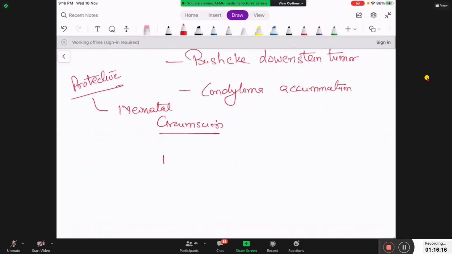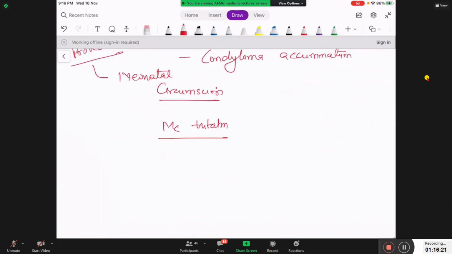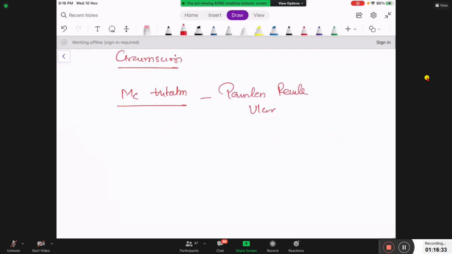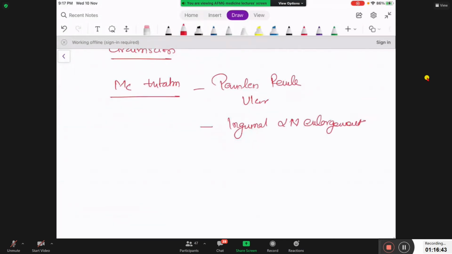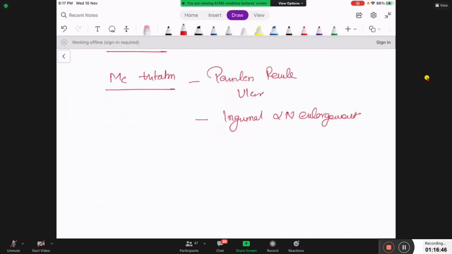The most common presentation of carcinoma penis is a painless penile ulcer. Patient can also come to us with inguinal lymph node enlargement.